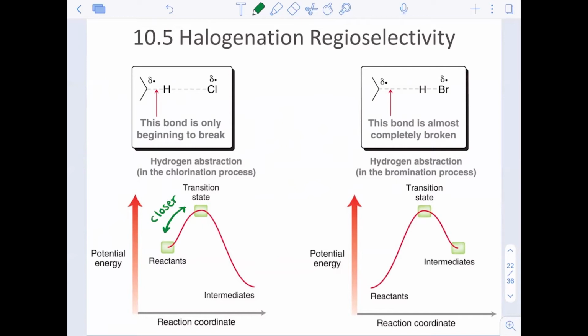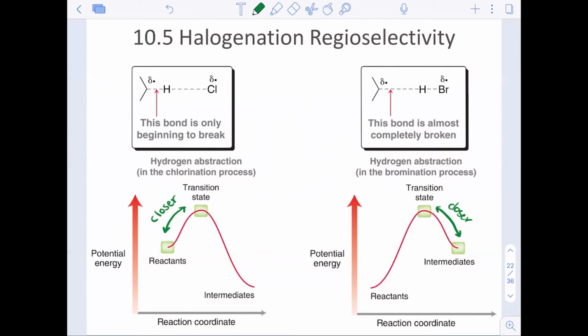In bromination, the intermediate, the radical, is closer to the transition state in terms of energy. And so therefore, we assume that the bond is almost completely broken from the carbon to hydrogen. So the bromine has to be very selective at which hydrogen it's going to remove. It's going to remove the hydrogen that is on the more substituted center to result in the more stable radical.